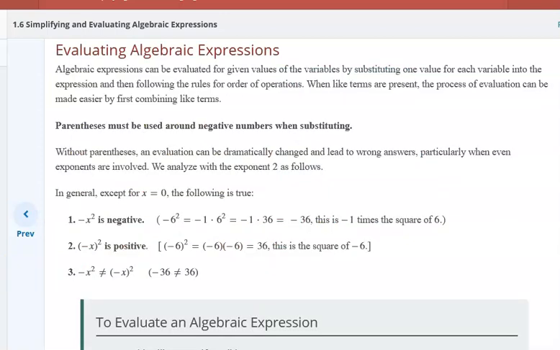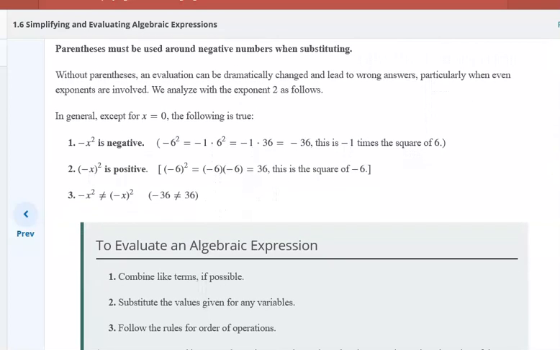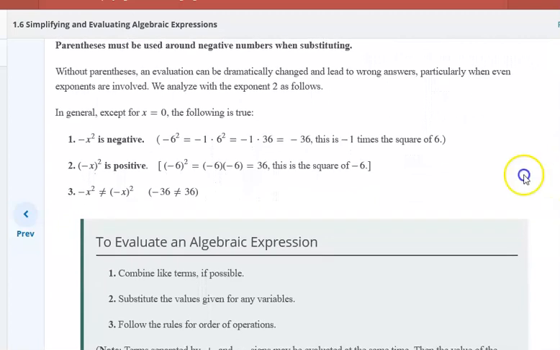Continuing on with some background information, we're going to evaluate algebraic expressions where we substitute a value for the variable.